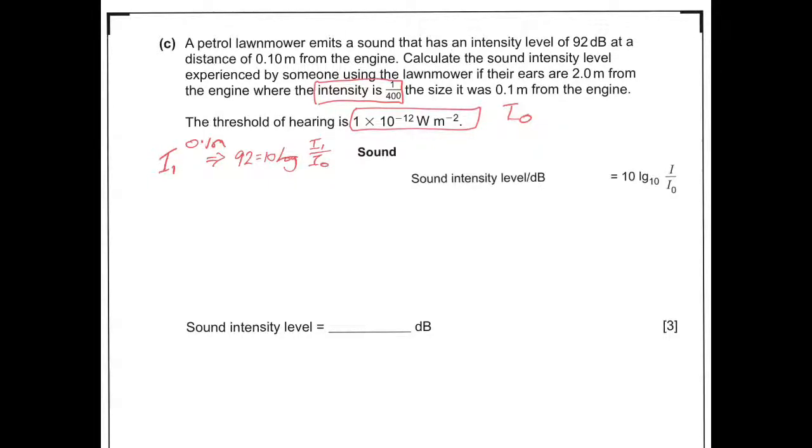But the other thing that's true is that this I2 value that they're talking about, when we are 2 meters out, equals I1 over 400. It's a 400th of the original intensity.